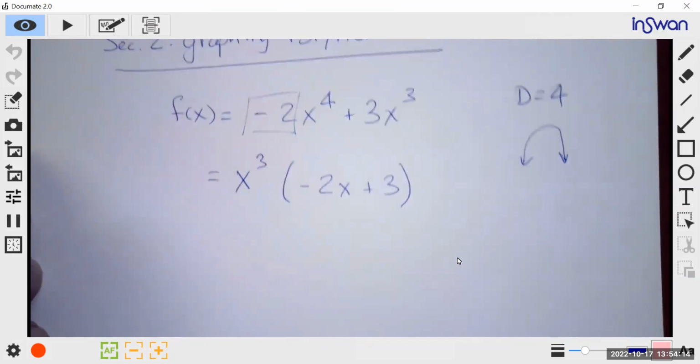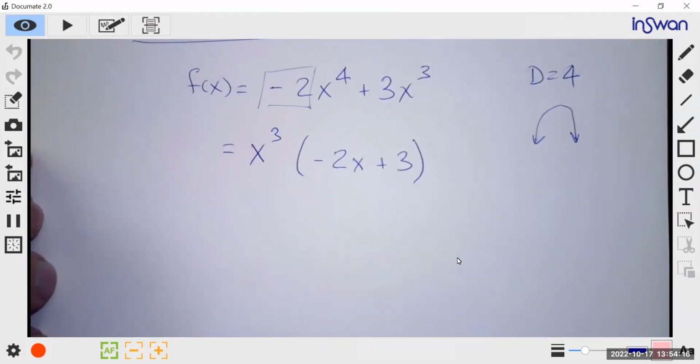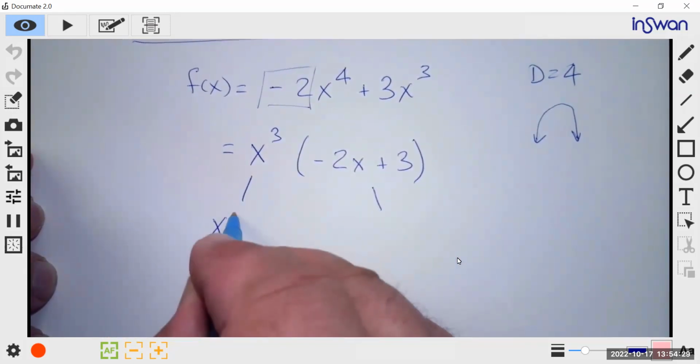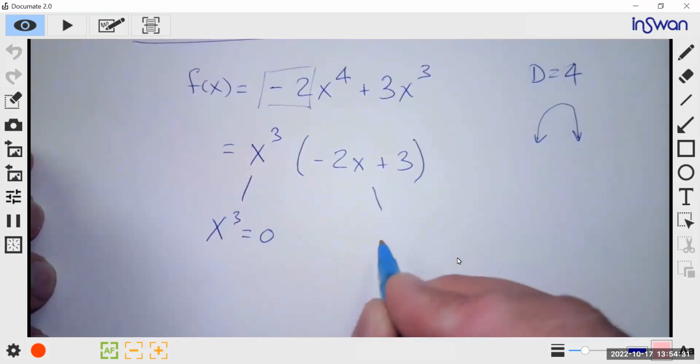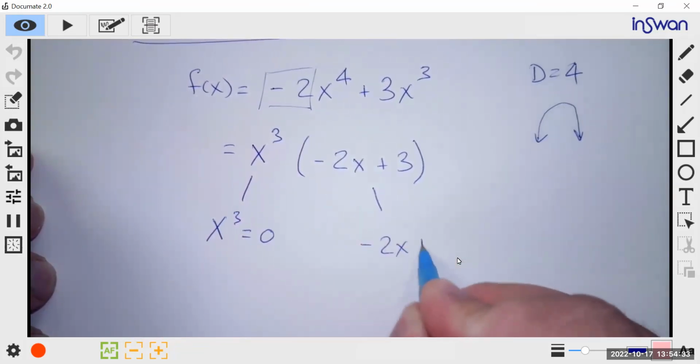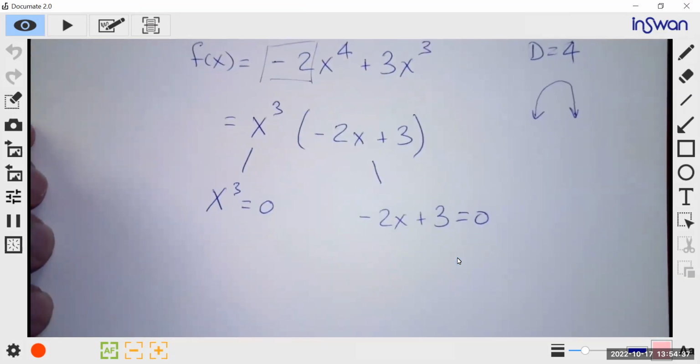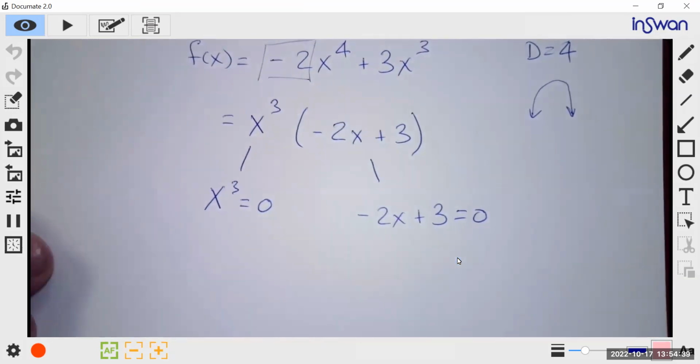Now what do I do with them? Once you factor them, what do you do? Set them both equal to 0, right? Once you factor them, then you set them equal to 0 because you want to know what the intercepts are.